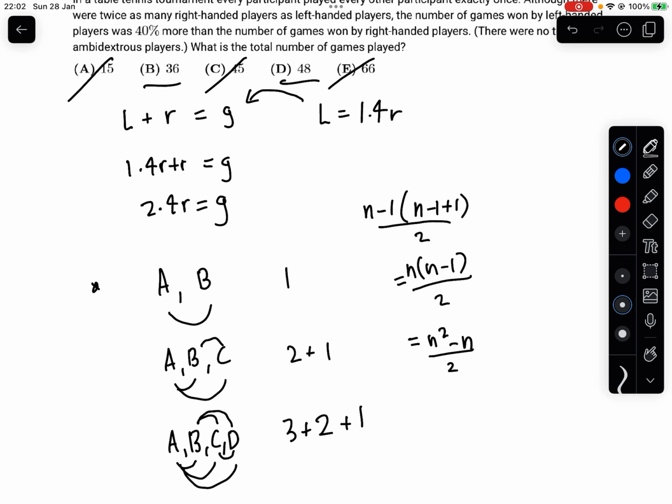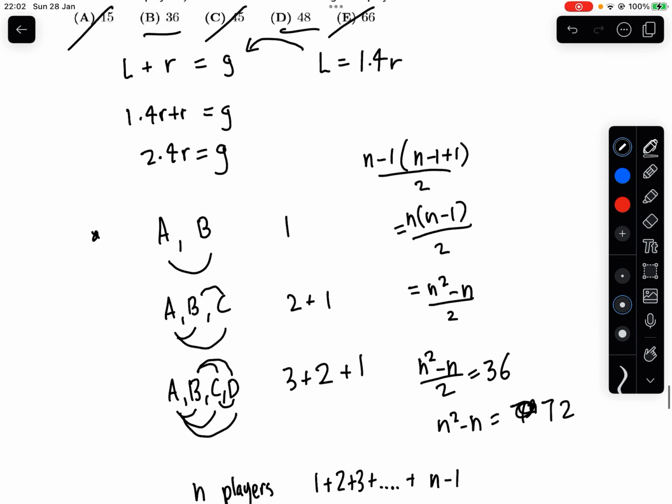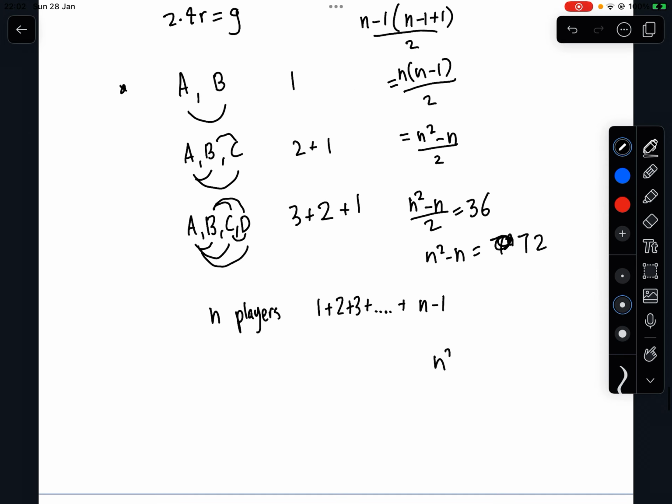That means one of these two answers, 36 or 48, should fit into this equation. Let's test 36 first. n squared minus n over 2 equals 36. So n squared minus n equals 72.